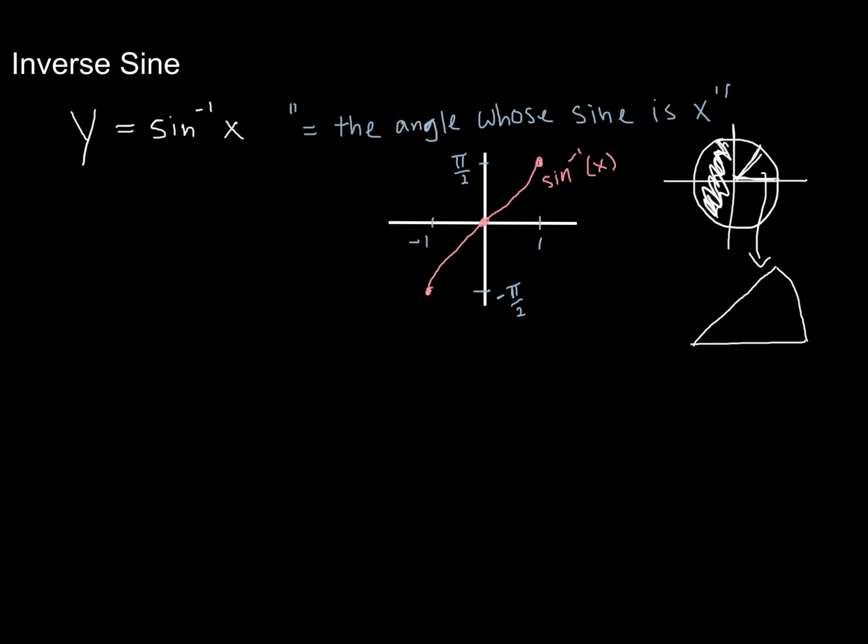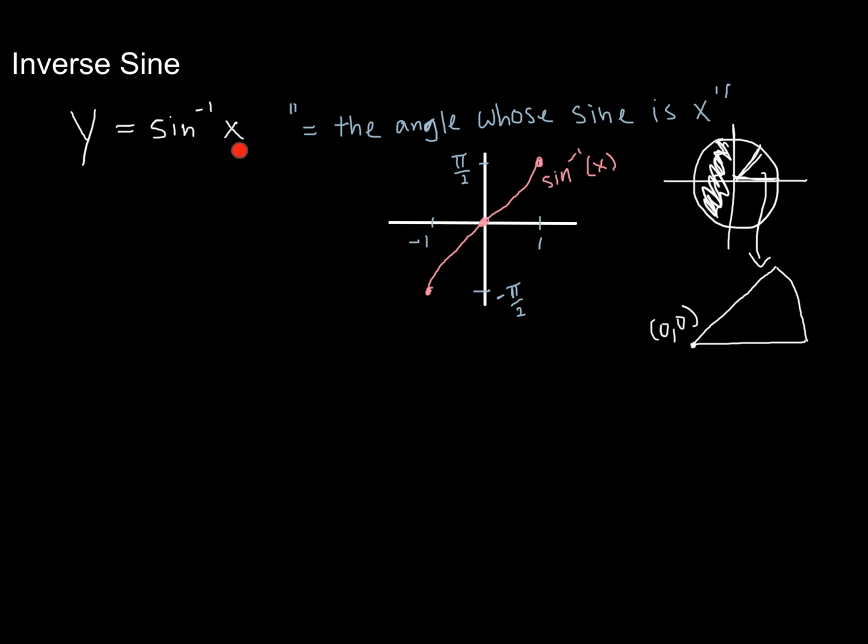Now remember, I'm keeping this as general, but this point here is always going to be the origin. But this is going to represent any possible angle that I rotate between negative pi over 2 and positive pi over 2. In other words, it will be for any input between negative 1 and positive 1.